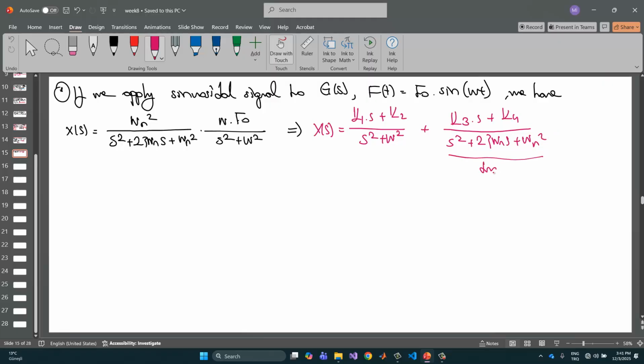This is related to the transient, right? But this is sine right now. Okay? And so we have been affected by the frequency components right now.